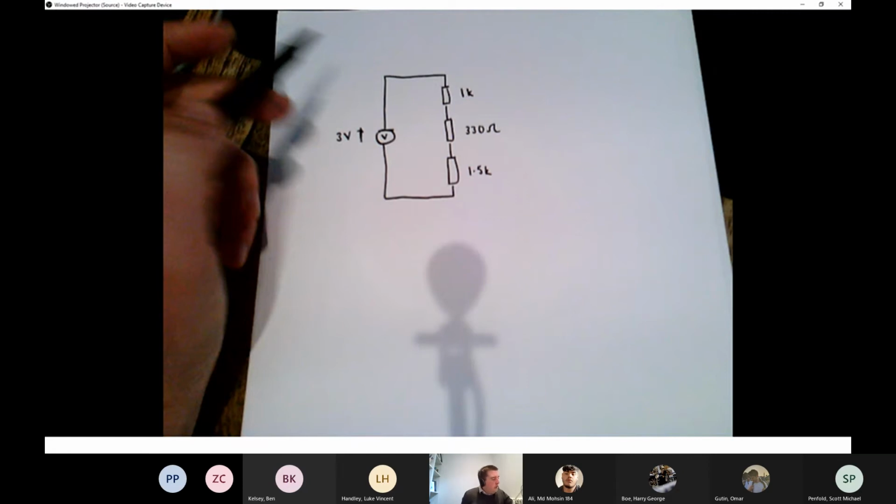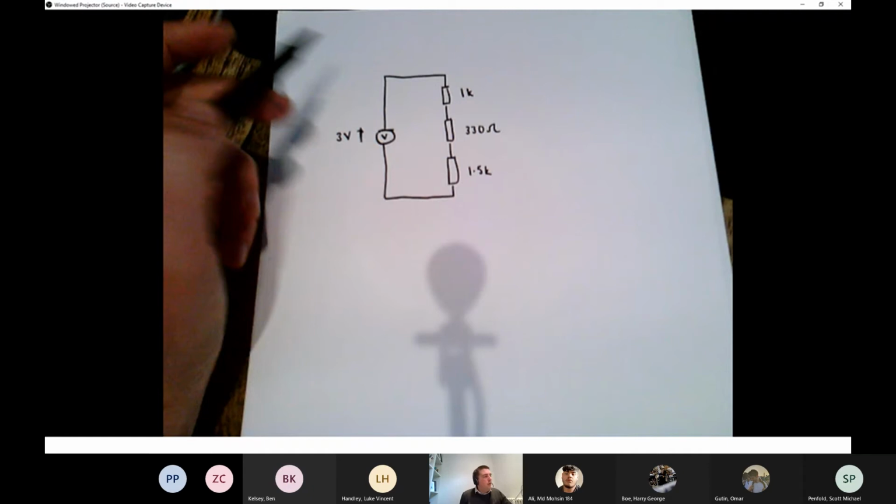Okay, what we did before was we combined all of the resistors. We said resistors in series add up, so we can combine them all. This is 1000 plus 330 plus 1500, and if I write it all out as one resistor, is going to be 2880 ohms.